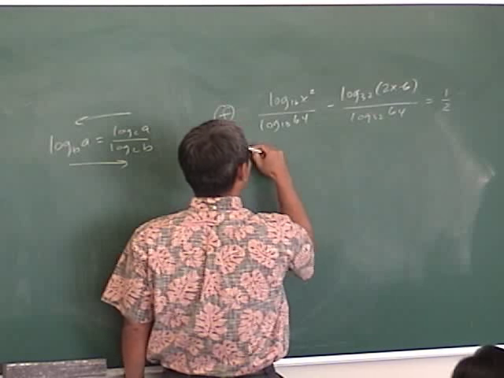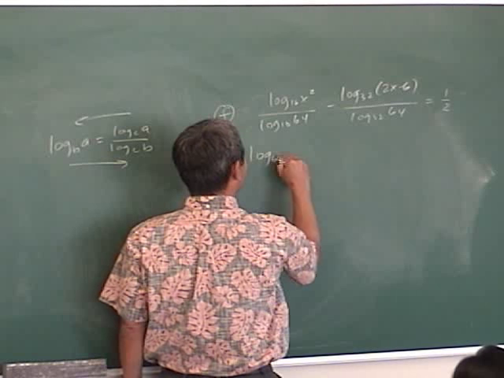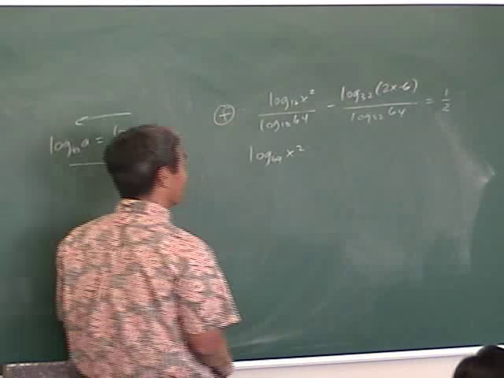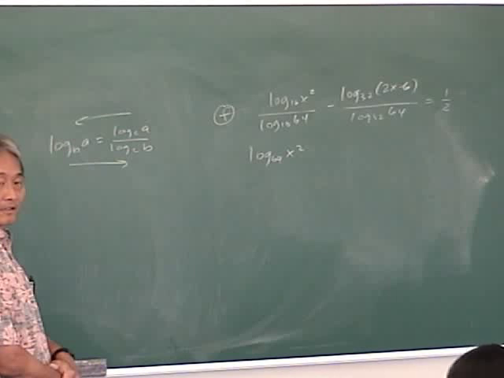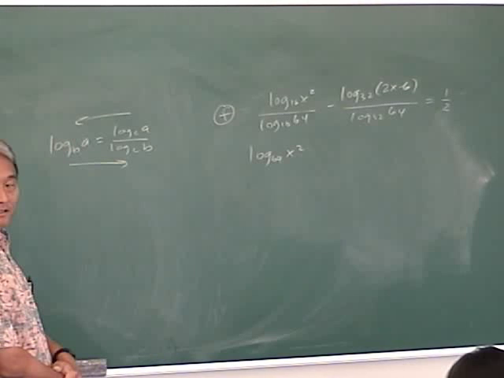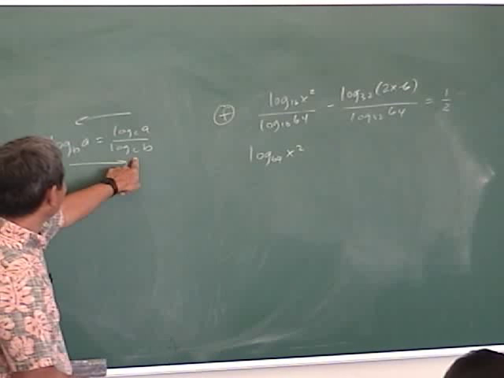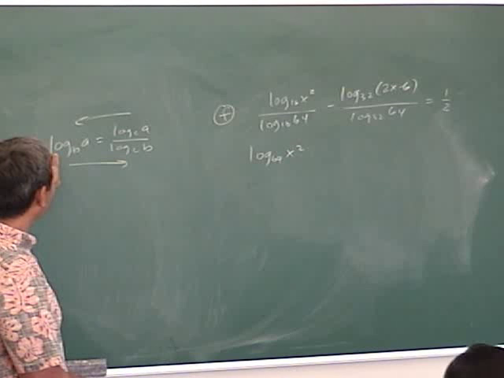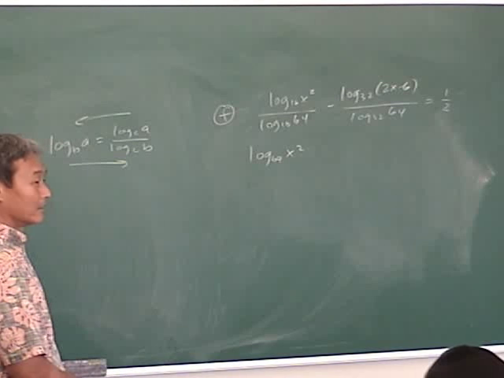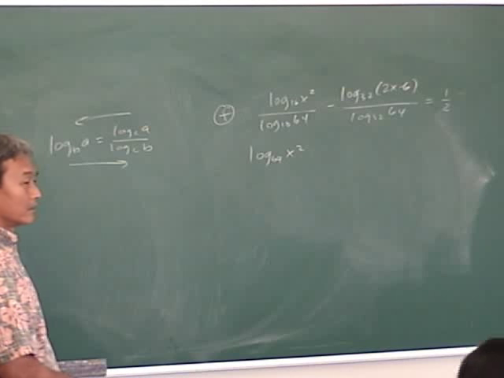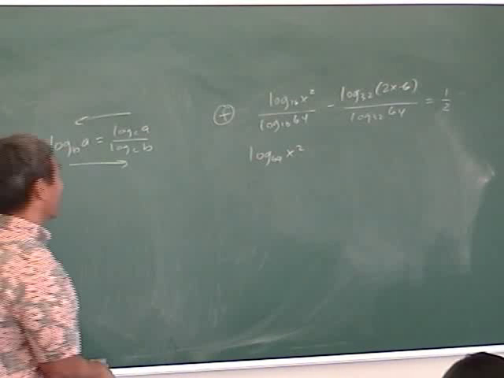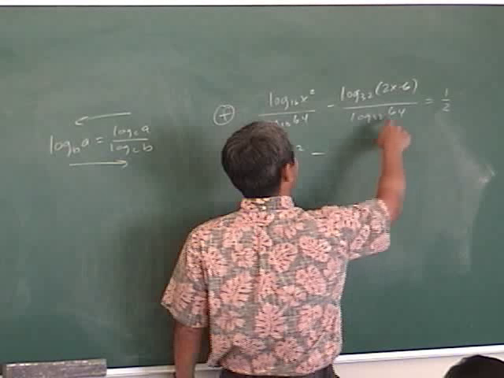This is the same thing as log base 64 of x squared. You guys see that? I went from here to there. Keep staring. And then I'm going to change the base.